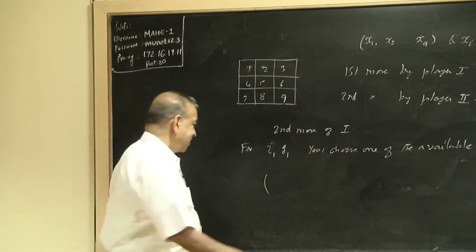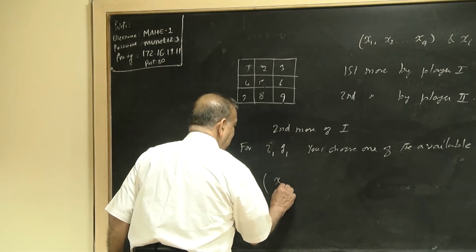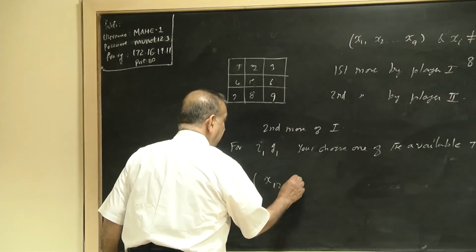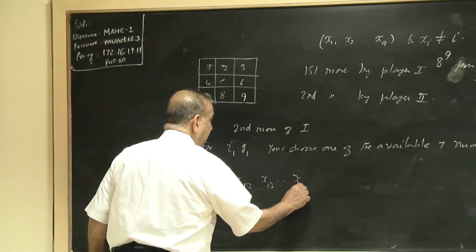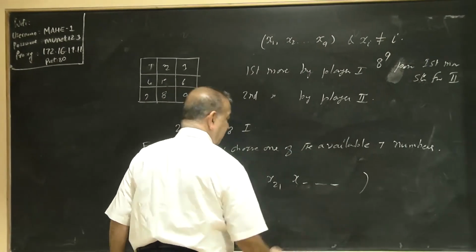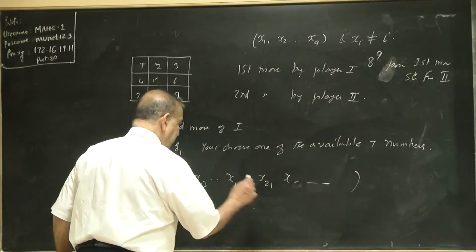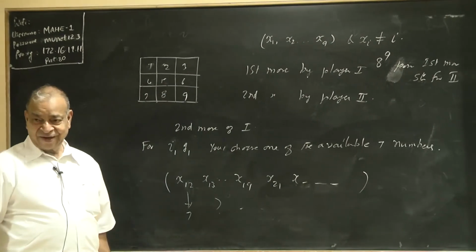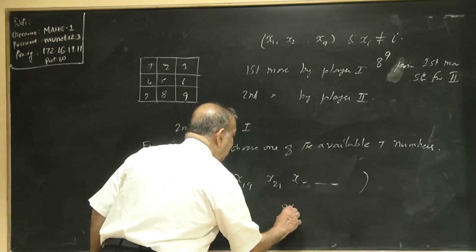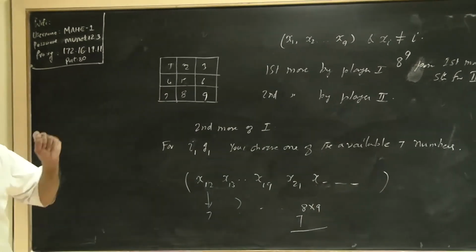Agreed? It's x11, x12, x13, x19, x21, and so on, and each one takes one of the 7 values. So it is 7 to the power of that many possibilities.